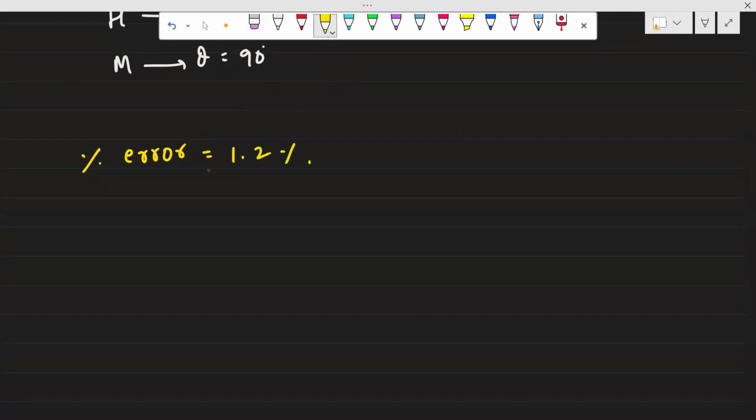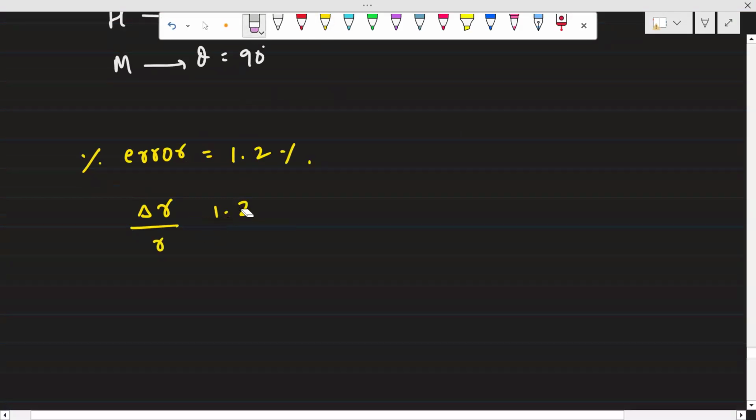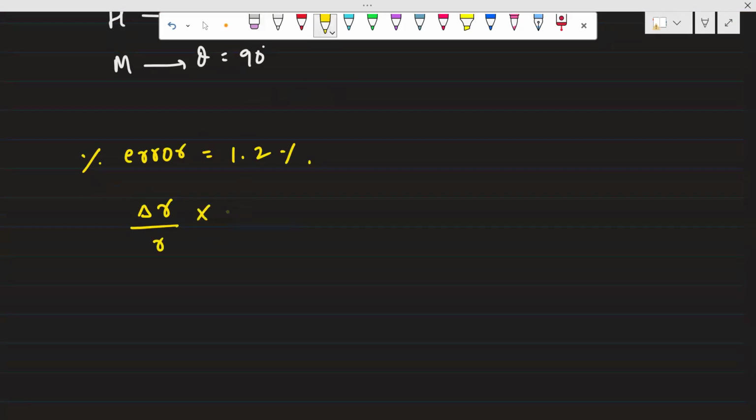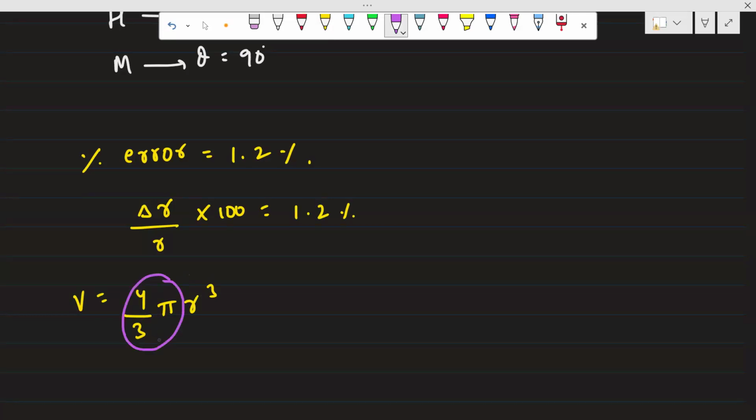Now, the percentage error in radius means delta r by r into 100 is given as 1.2%. Volume is 4 by 3 pi r cube. Now look, this is a constant term, so just focus on volume and r.